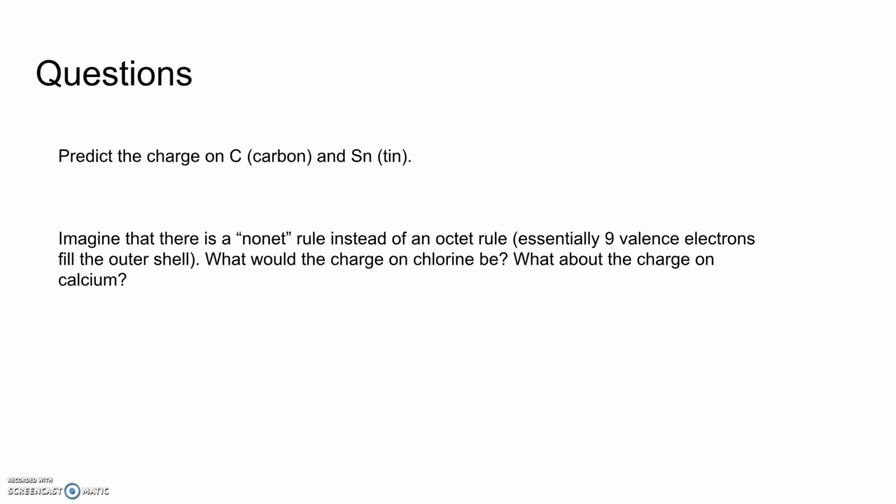If 9 valence electrons actually filled an outer shell, what would the charge on chlorine be? What would the charge on calcium be? How would this change what the periodic table looks like? I would keep all of those questions in mind, but at the very least, we want you to try out that first question. Definitely think about that second question. All right, that's all for me, and I hope you all have an amazing weekend.